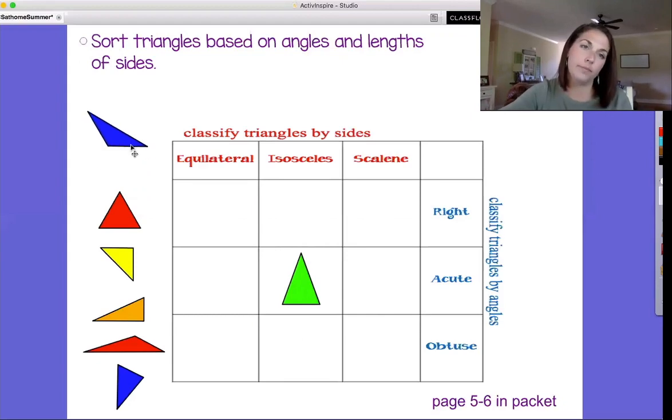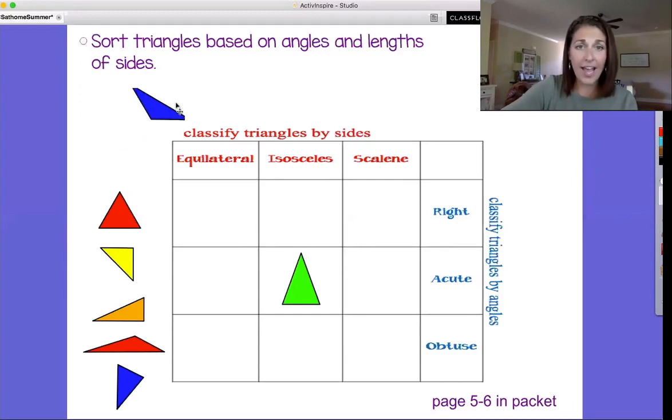All right, so that's where we fit in this organizer. Let's look at this one. Well, it looks to me like, and I don't have my ruler, so if you were measuring on your paper, you could use your ruler to make sure those sides are the exact same length. But I think this side here on the left and this side on the bottom are the same length. But this side is way longer. So I do think that this is going to fit into isosceles as well.